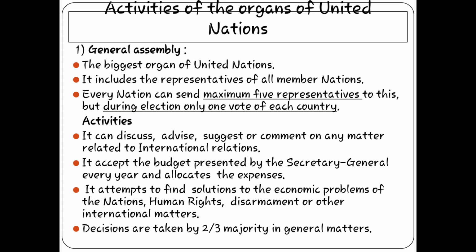First one is the General Assembly. The biggest organ of United Nations is the General Assembly. It includes the representatives of all member nations, and every member can send 5 representatives, but during the time of election, one country has one vote.